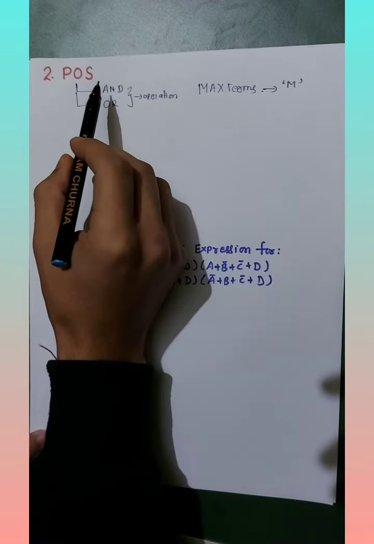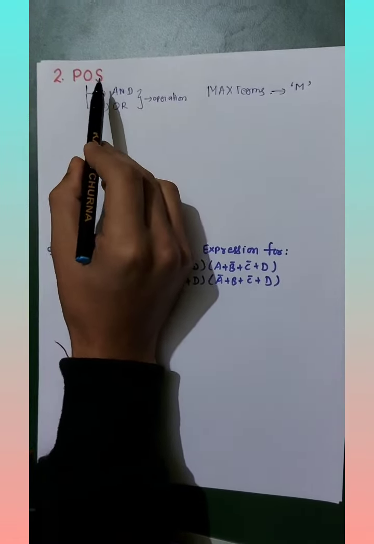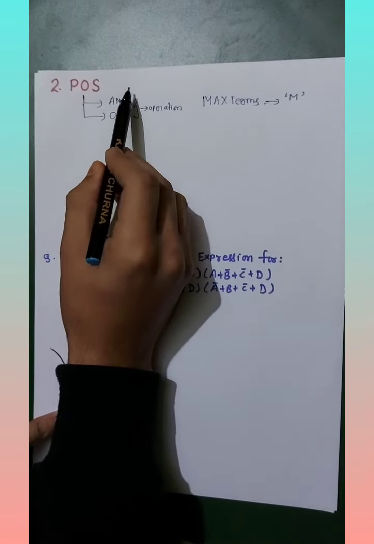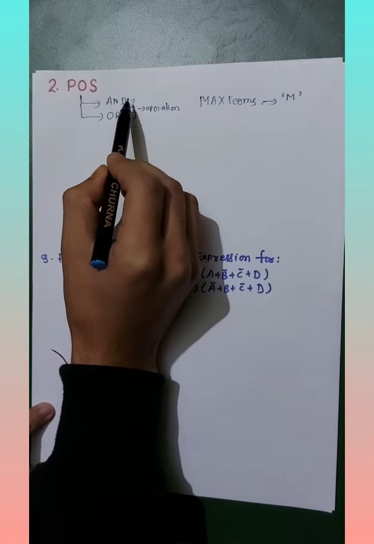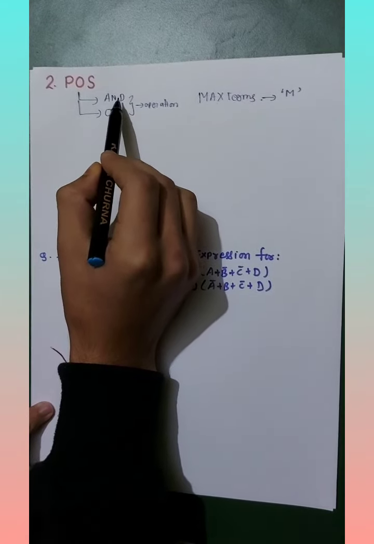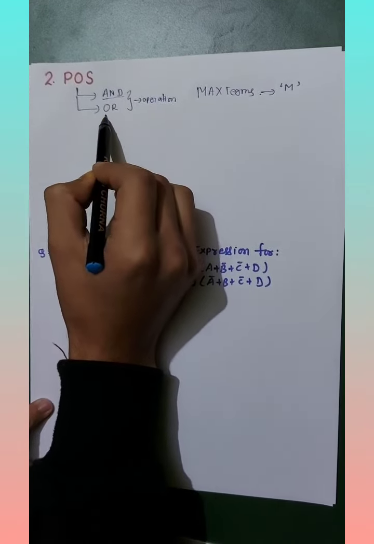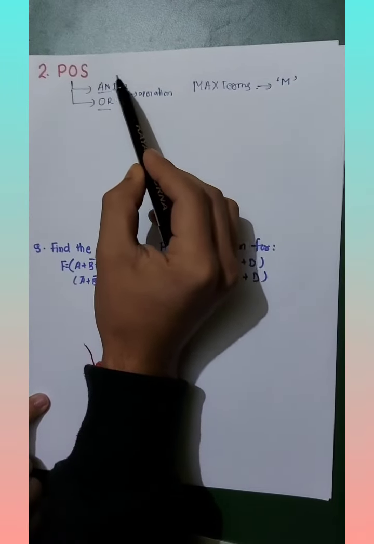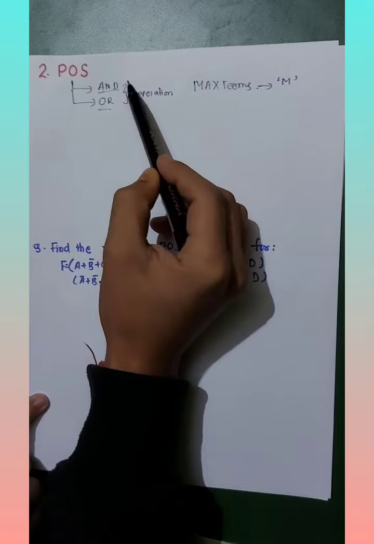Now let us see the second method to minimize a function, which is POS, product of sum. In this we will use two operations to perform POS, which are the AND operation and the OR operation. As the name suggests, it is formed by multiplying, the AND operation, the sum terms.